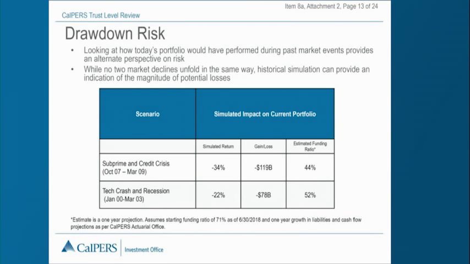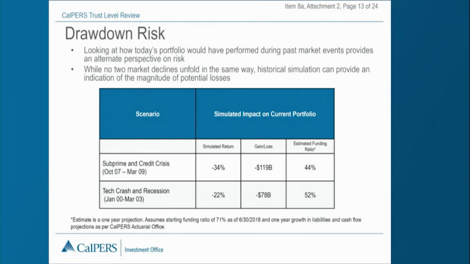What you see in this is that if we were to replay, with our current asset allocation, the events of the early 2000s, the tech crash, or the events of the financial crisis in the 08-09 time period, we would be seeing drawdowns in the portfolio of $80 to $100 billion plus, given the current structure of the asset allocation.